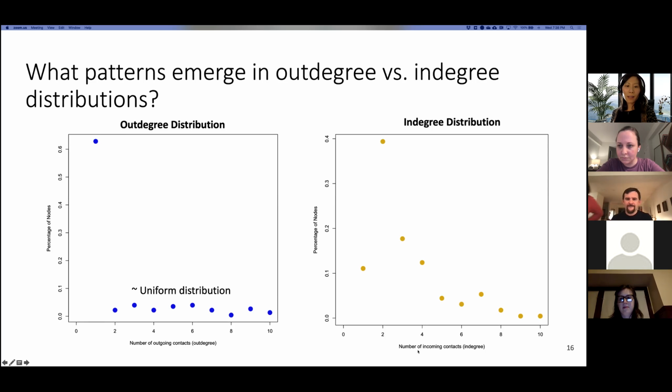Yeah, it's saying that this is the number of incoming contacts, so the number of people that said that they interact with you often. What it's suggesting here is that in a typical network, most people only talk to a couple of people.